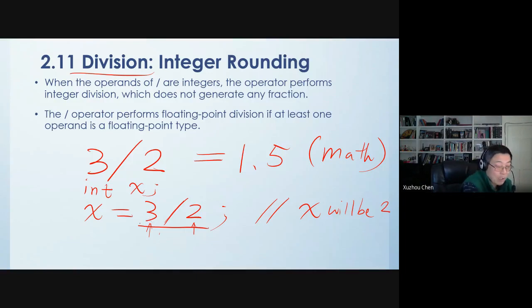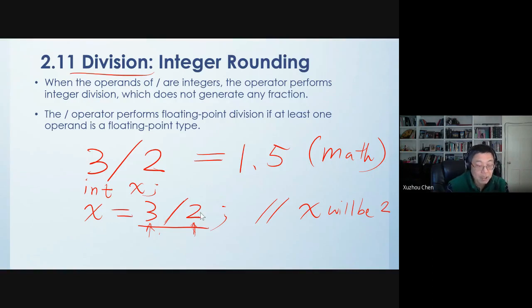So both numbers are integers. So it's 3 divided by 2, which is 1.5, which is not an integer. However, Java is going to treat that kind of operation that way, because each of the operands is an integer. So Java is going to assume that the result is also going to be an integer.